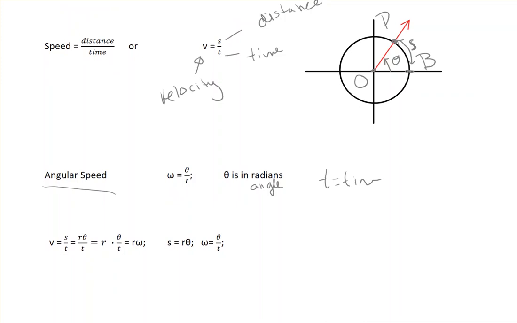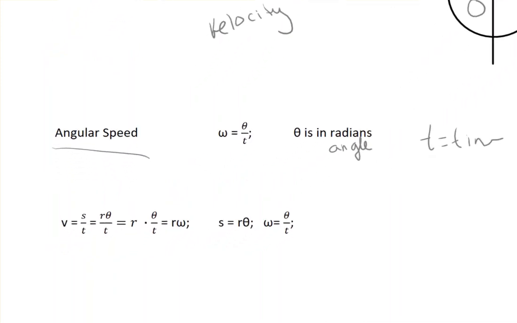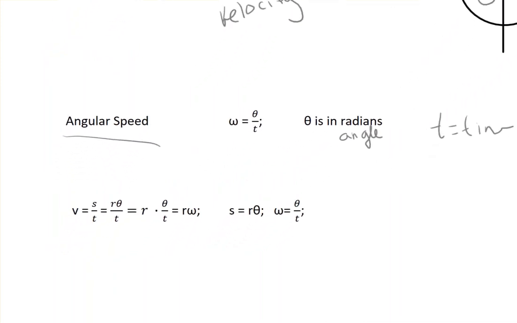Now, you see a couple variations of this down here. If we look at this first one, it says velocity, I'm going to rewrite this, velocity equals distance over time. Well, think about this from 16.2. We know that distance, or the arc length, is also r times theta.